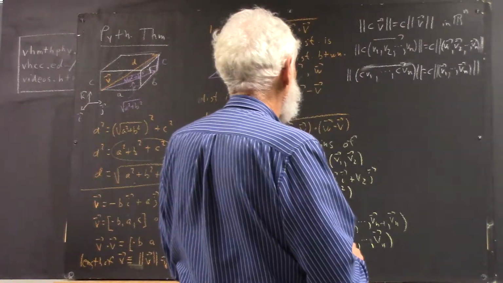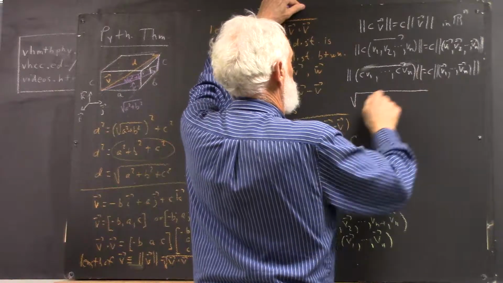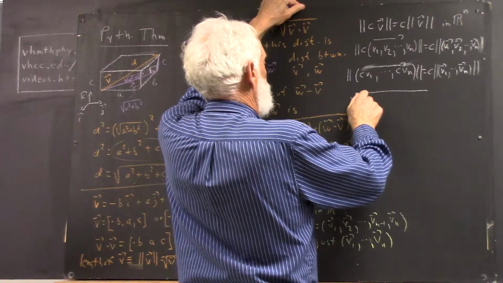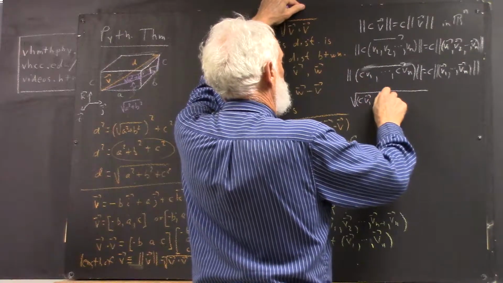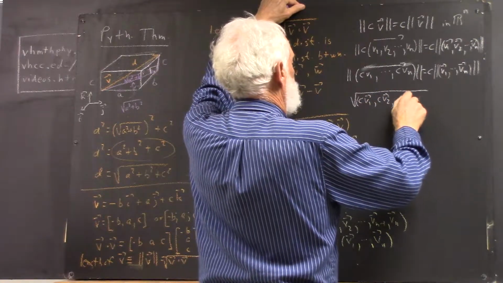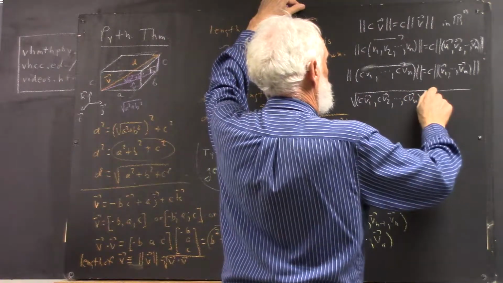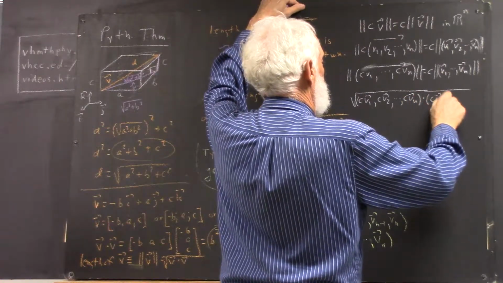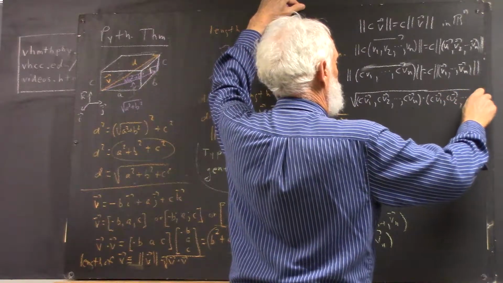This is just the square root of cV1, cV2, up through cVn, dot cV1, cV2, up through cVn.